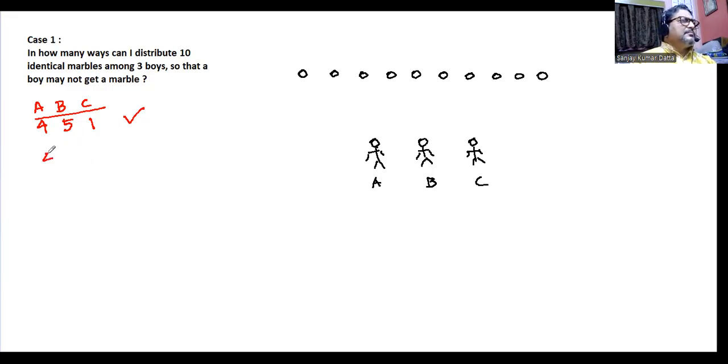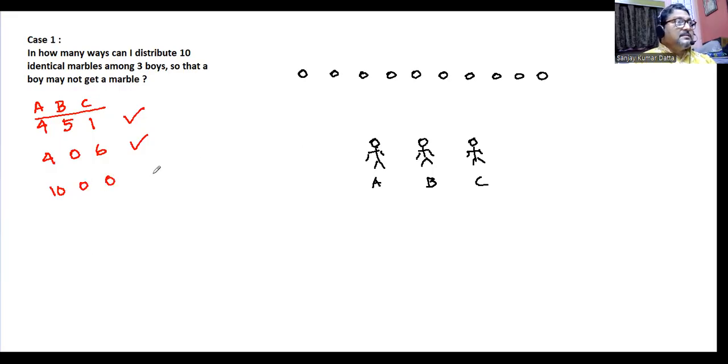So highly possible. The next question. Is this possible? Say this distribution amongst A, B, C. Yes, highly possible. See, a boy may not get a marble. Boy B hasn't got a marble. So this is also highly possible. Okay, next. Is it possible that such a scenario has happened?